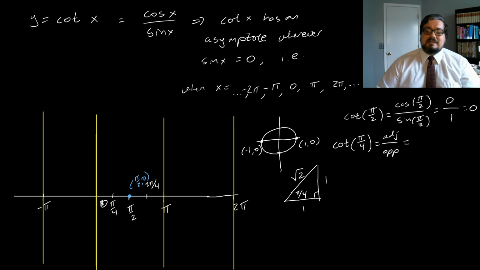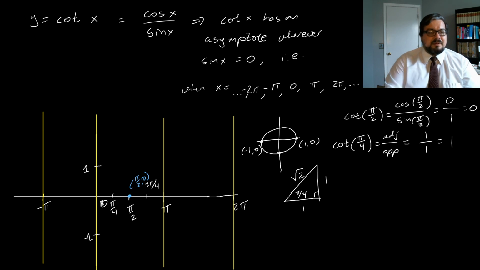The adjacent side is 1, and the opposite side is 1. So that means that cotangent of pi over 4 is 1, because it's the ratio of 2 equal sides. So we have the point pi over 4, comma 1 on the graph of cotangent.